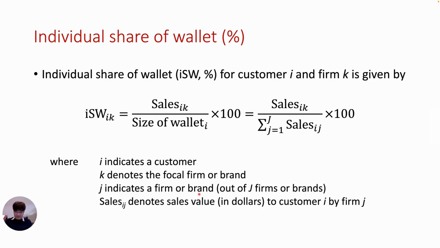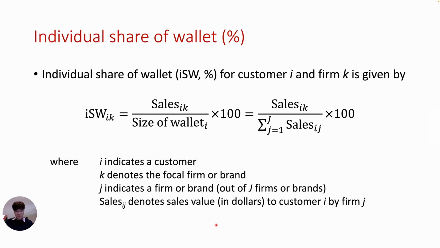You can see that this formula is exactly the same as 100% of John's spending at Kroger and 10% of David's spending at Kroger. Please note that the individual share of wallet is defined for each customer and firm pair. If we have 10 customers and 10 firms, we have 10 times 10, 100 pairs of customers and firms, and we have 100 individual share of wallet values.